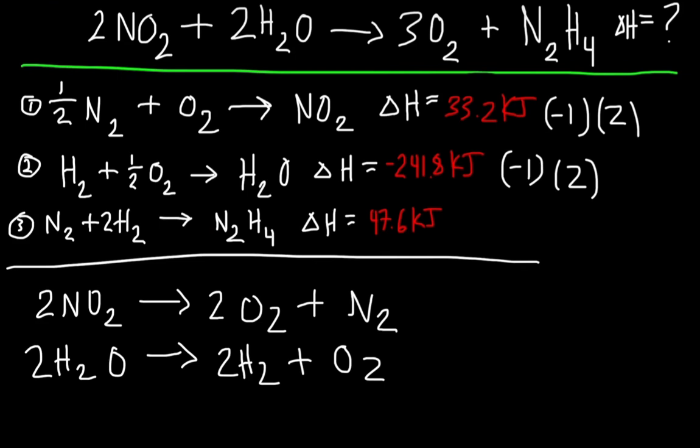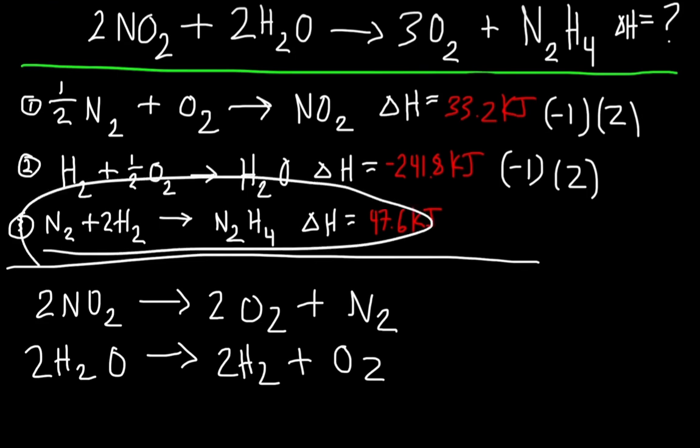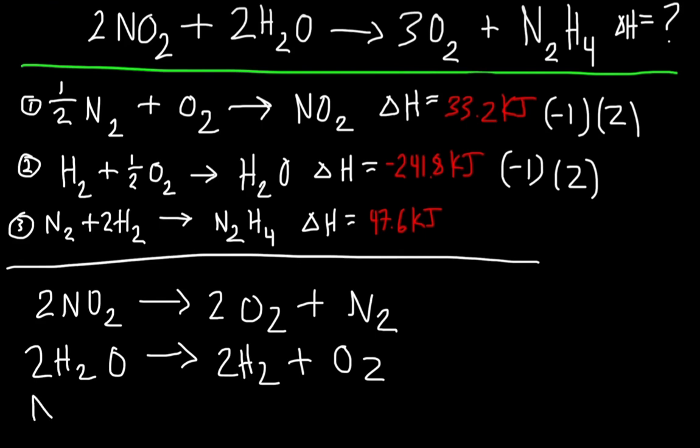And since they're the same, we do not need to do anything else because they're already there. So you can just simply copy this equation over here if they're the same. So N2 plus 2H2 gives N2H4. This is our equation, and now we simply add them up.